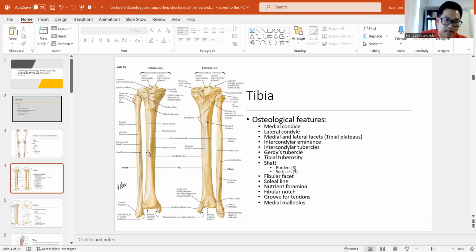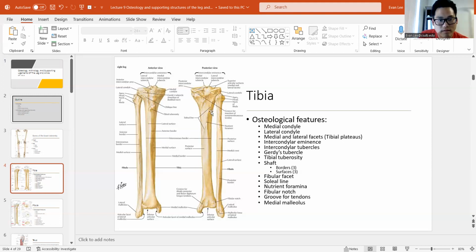And then a little less, I don't want to say less important, but less prominent, you do have a medial and lateral border, which are going to then help with forming the posterior surface over here on the back.